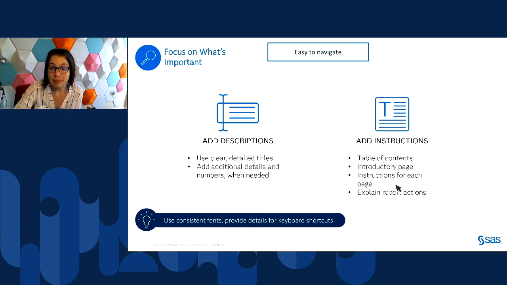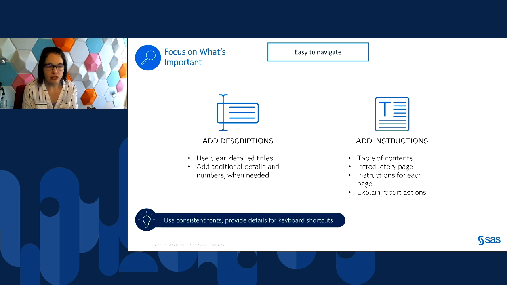In addition, it might be helpful to add instructions for each page and to explain report actions. That's a big one. There are so many things you can do in visual analytics that require you to click around. Every time your viewer can click to do something, you should tell them about it. They shouldn't be expected to just click everywhere and see what happens. So you really need to explain those report actions.